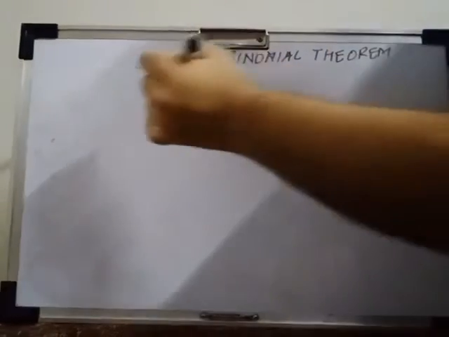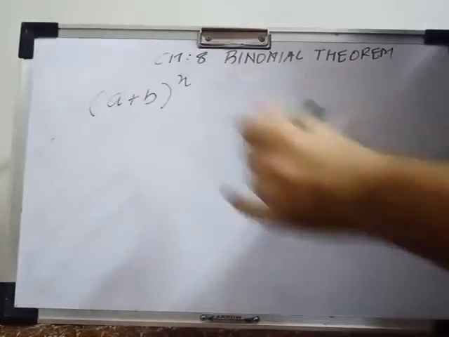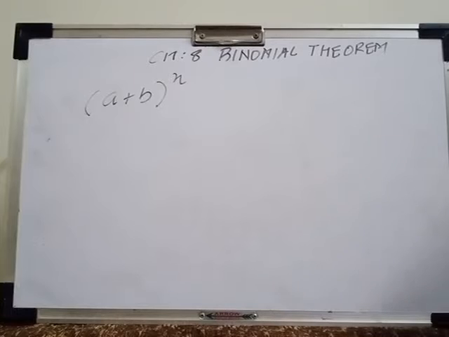Suppose we are given a plus b raised to n and we are asked to find any general term. See, if it is a plus b whole square, then there are 3 terms, right? We can write it easily. But if it is raised to 10 or raised to 20, then we will have 11 or 21 terms respectively.